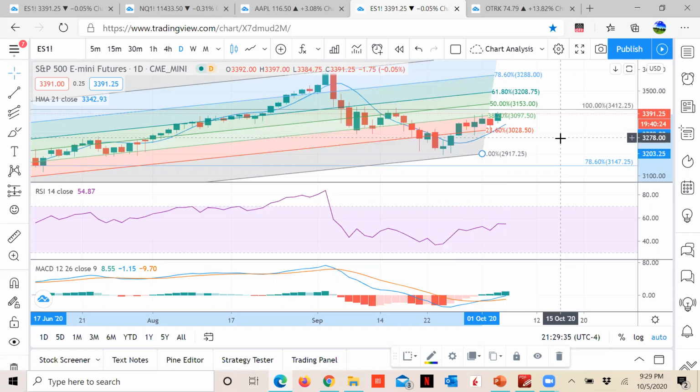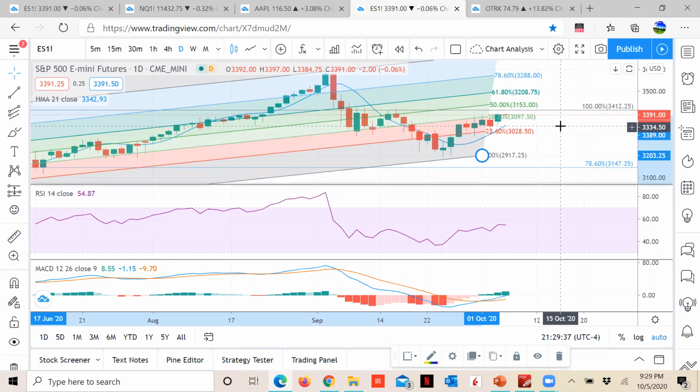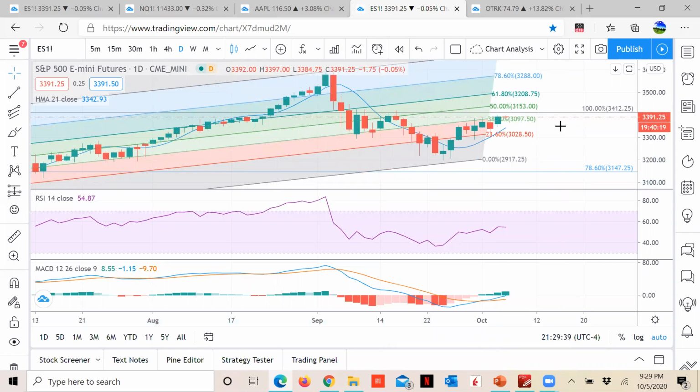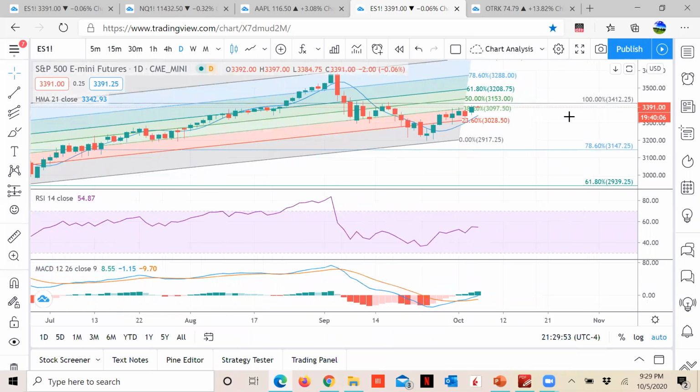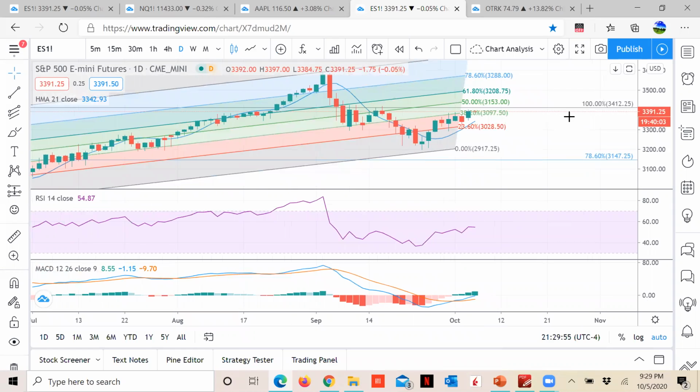So if you look at it, I have 23.6%, 38, 50, 61, 78, 100. I can extend additional lines beyond 100 as well. Same thing if I draw a Fibonacci channel along the trend line where the security price is trending diagonally upwards or diagonally downwards.